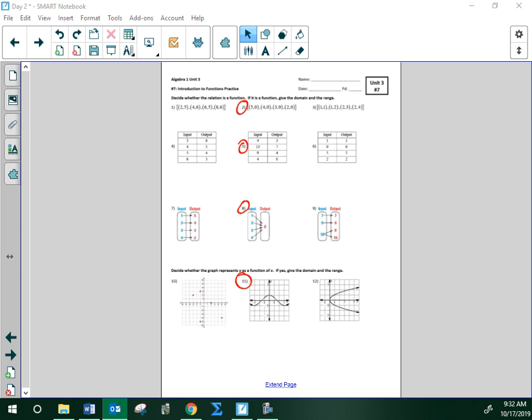Once you've done those ones, you can turn to the multiple choice inside and give those a try.